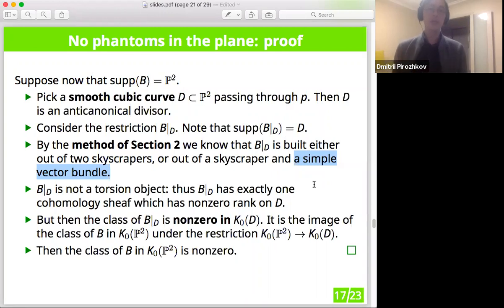But we know this for an arbitrary elliptic curve passing through the point P. So for an arbitrary cubic curve, we get this vector bundle on it. And with some work, you can check that basically all those simple vector bundles that you get on cubic curves have a common ancestor, which is a vector bundle on P2. And you can also build upon this observation to show that this vector bundle will be exceptional, and then you bootstrap from here to get a full classification.